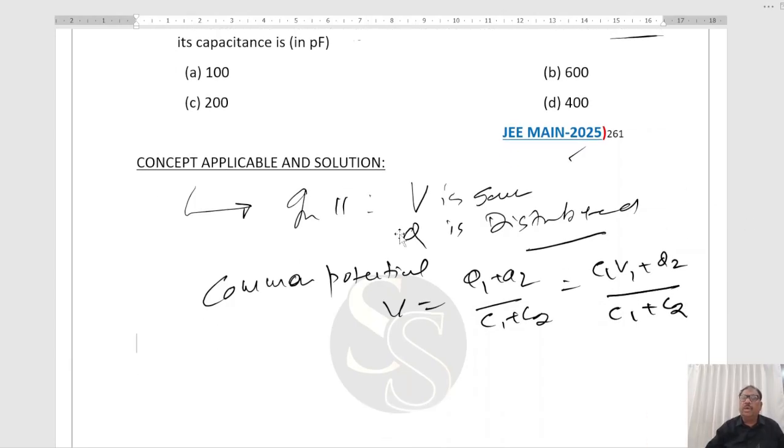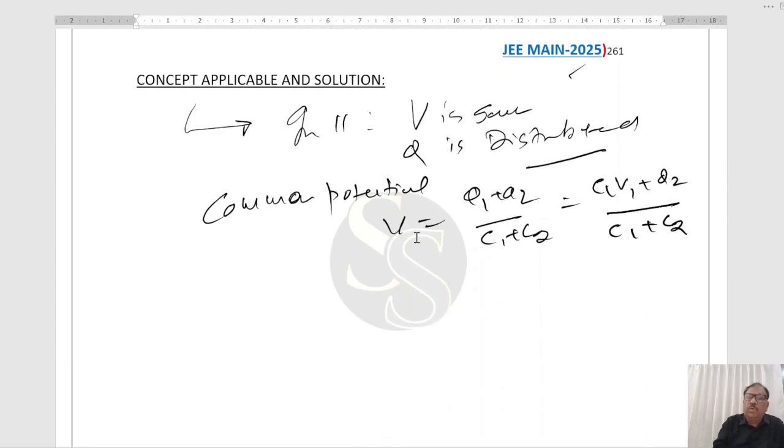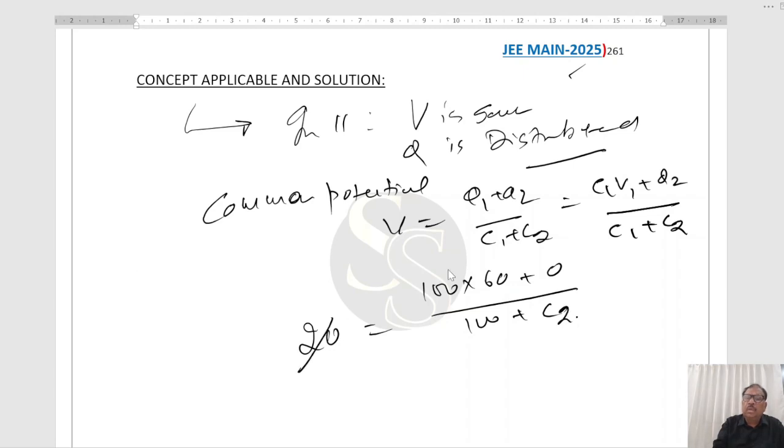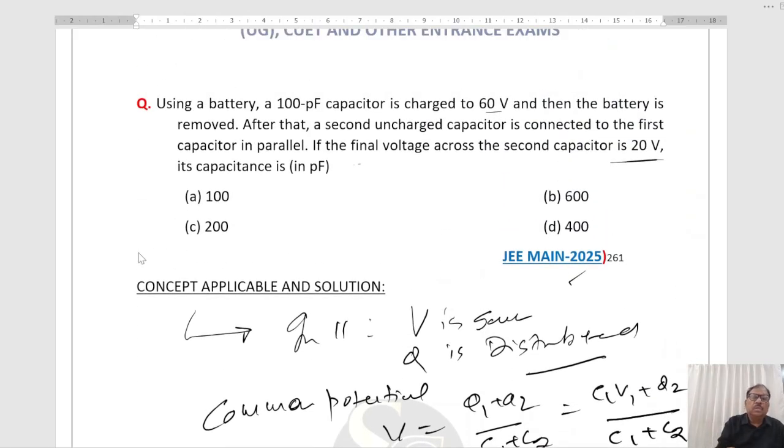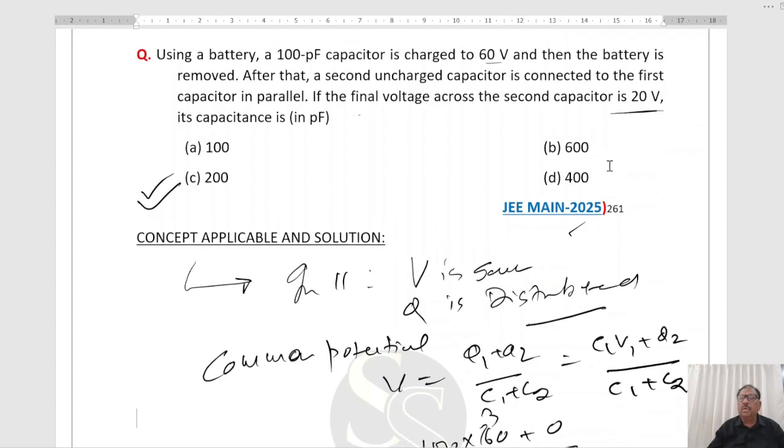As they are connected in parallel, the common potential will be 20 volt. 20 equal to 100 into 60 plus 0 divided by 100 plus C2. 2000 plus 20 C2 equals 6000, so C2 comes out to 200 picofarad. Answer is C option, right?